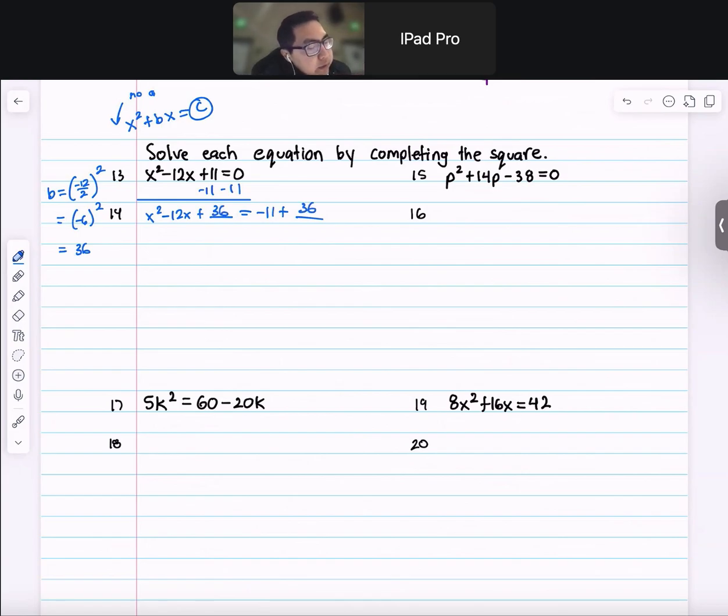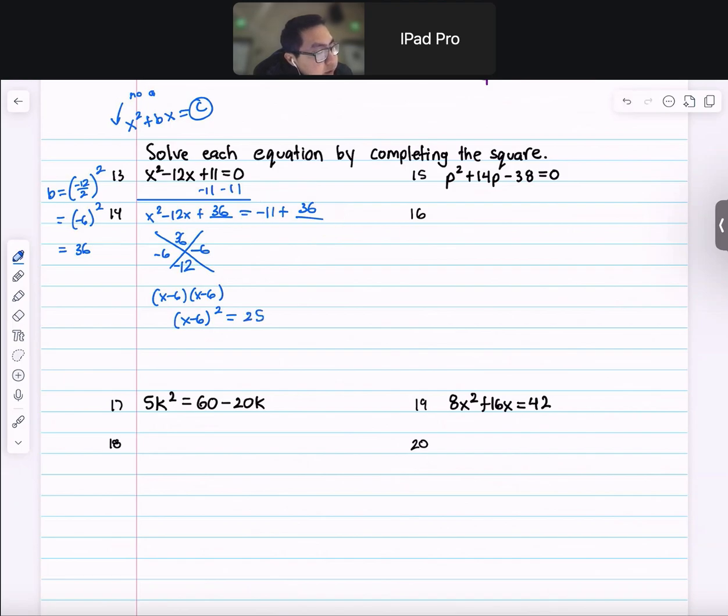And when you complete the square, this is perfect because you should be getting the same number for your factors. Negative 6 times negative 6 is the answer to this riddle. So it's going to be x minus 6 times x minus 6, which is basically x minus 6 squared. And negative 11 plus 36 is 25.